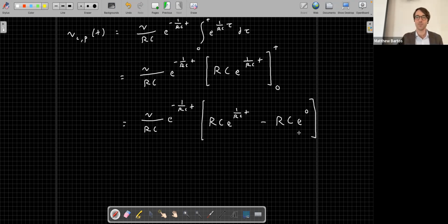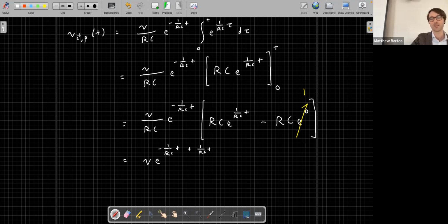Okay, so this here becomes 1. And if we combine these expressions, these two RCs cancel out. We get V e to the negative 1 over RC t plus 1 over RC t.